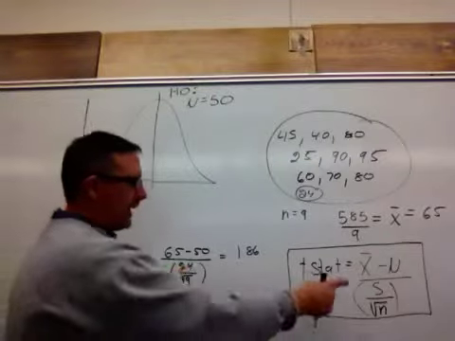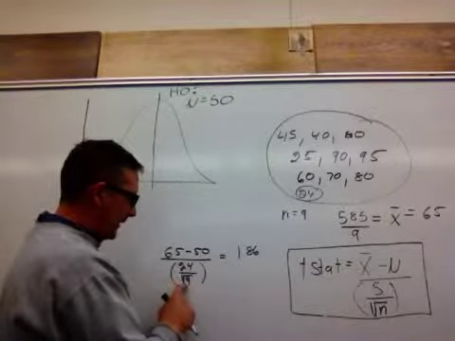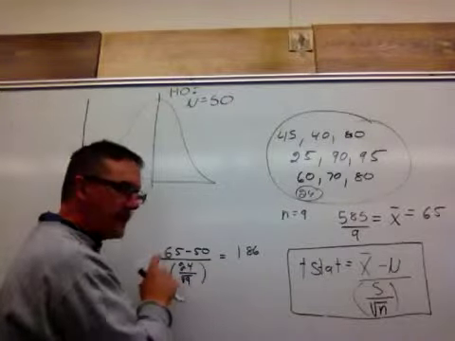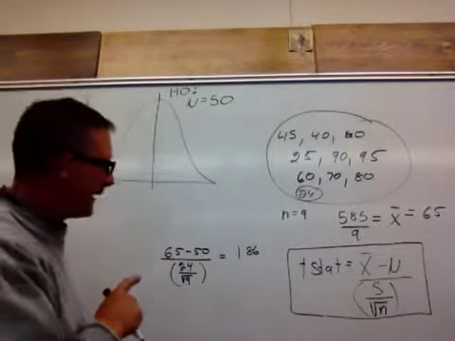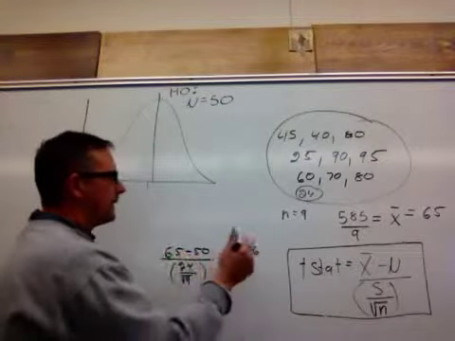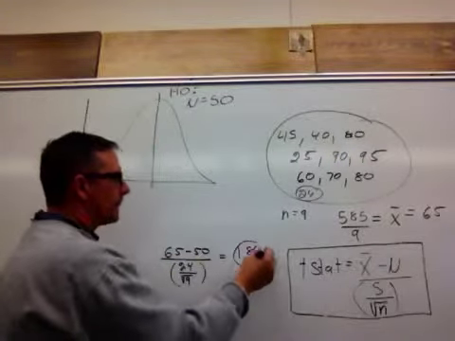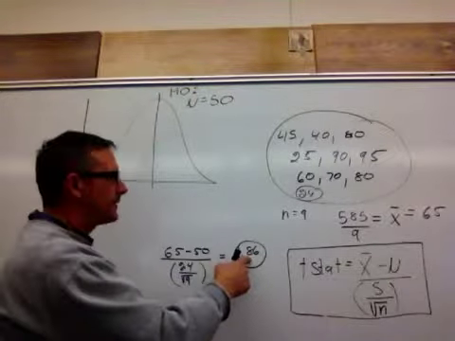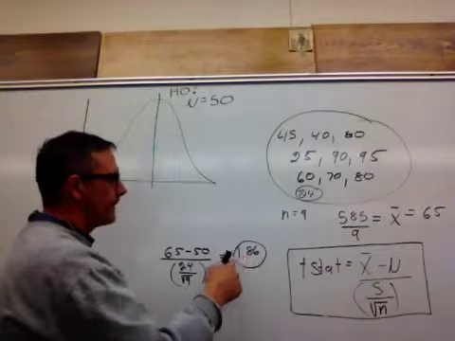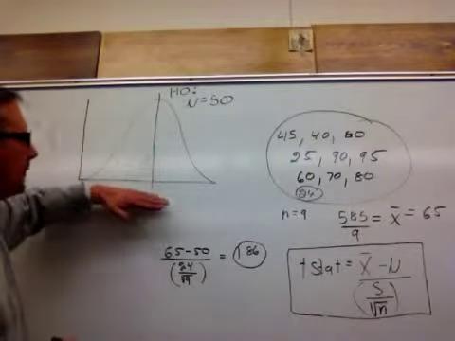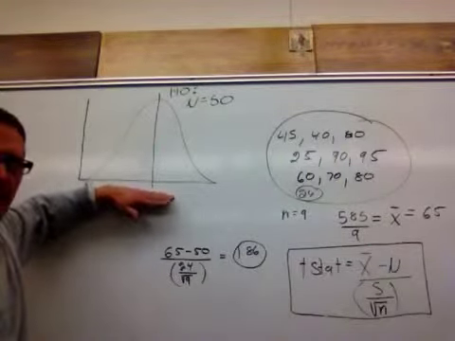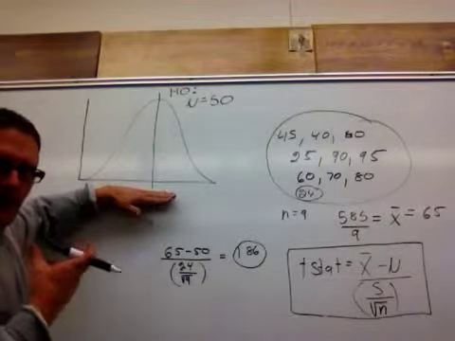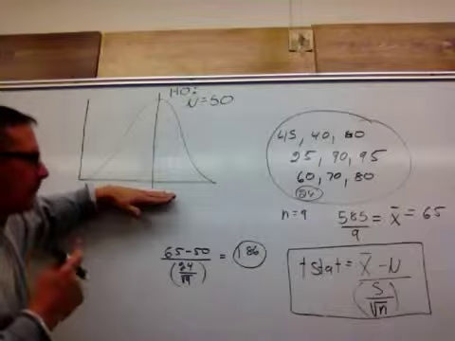So there's my big S, my sample standard deviation, and there's the square root of 9, the sample size. When I do this math, so take your time and do this math, you will get a number, and that is called the test statistic. Now, when you solve these problems, you always want to have a picture drawn. The picture helps you solidify in your mind how the problem works.